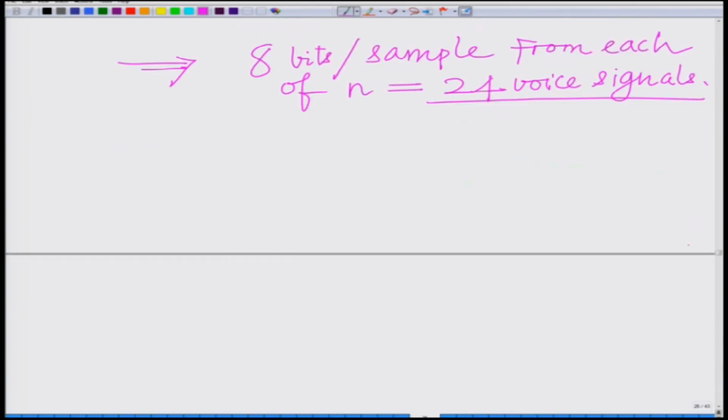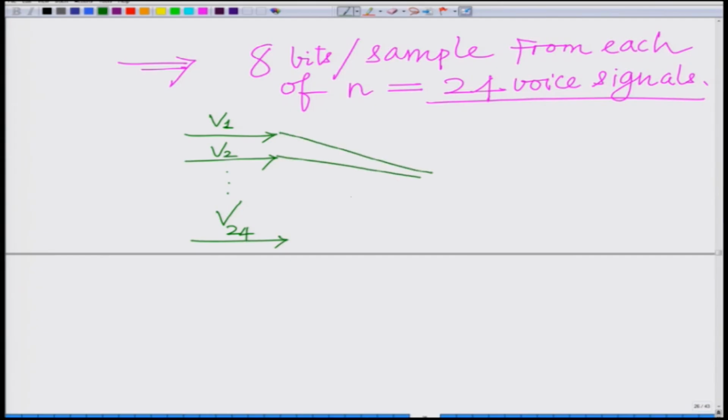So, what you have in your T1 system is basically signal 1, signal 2, up to signal 24. So, you have V1, V2, so on up to V24.